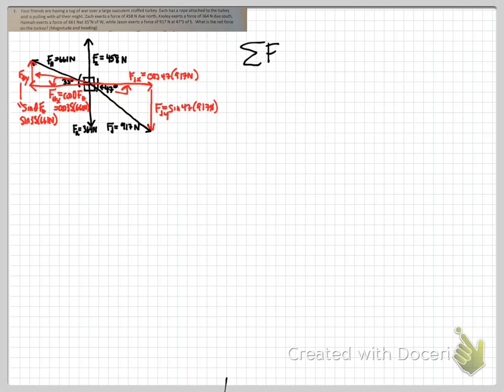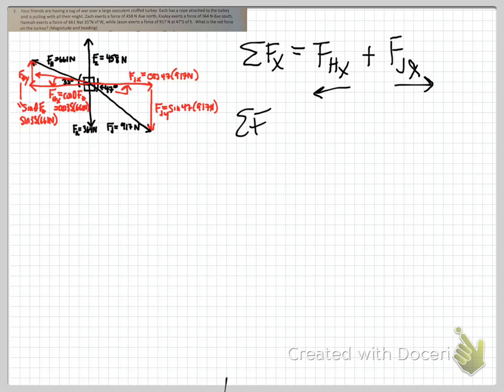So sum of forces on the x is equal to the force of Hannah on the x, which is going in this direction, plus the force of Jason on the x, which is going in this direction. When we figured out our magnitude for force of Hannah and force of Jason, by taking cosine of 35 times 661 newtons and cosine of 47 times 917, we got raw answers.